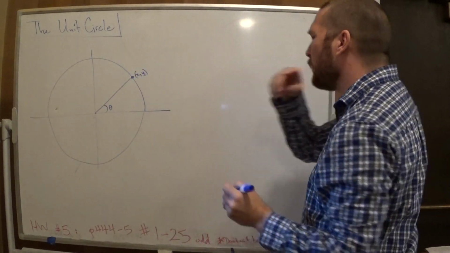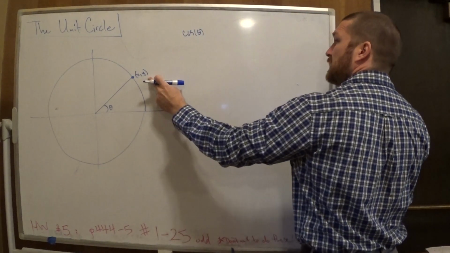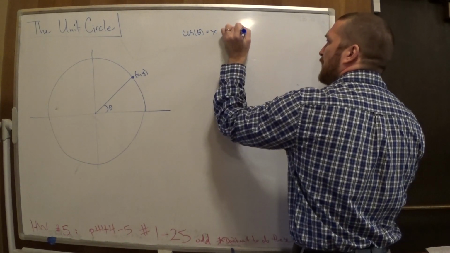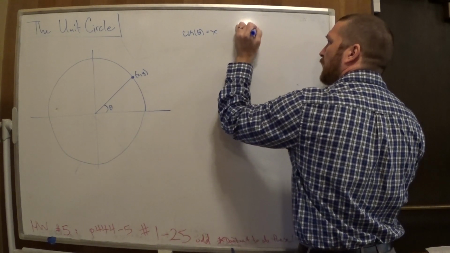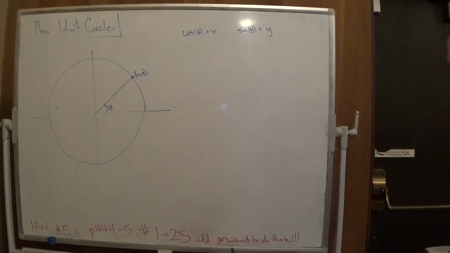What did we just say? What's cosine theta in this case for this guy? It's simply x, right? And sine theta is simply y, just by definition. That is what we're going to define as cosine theta, sine theta.